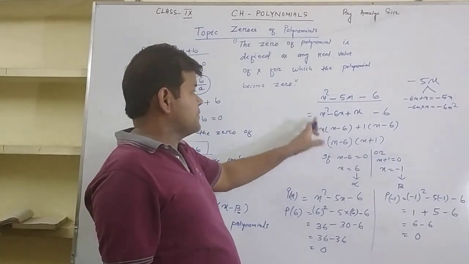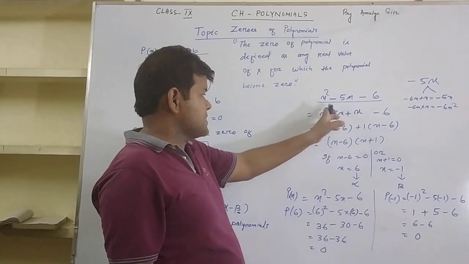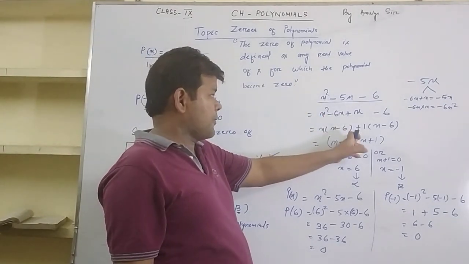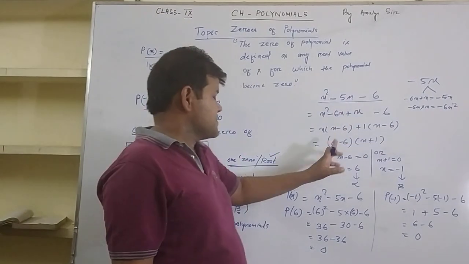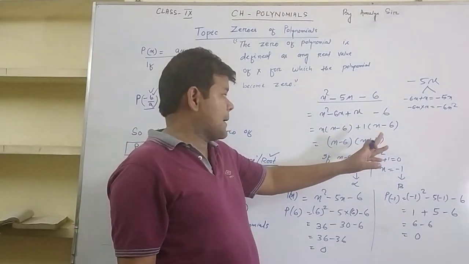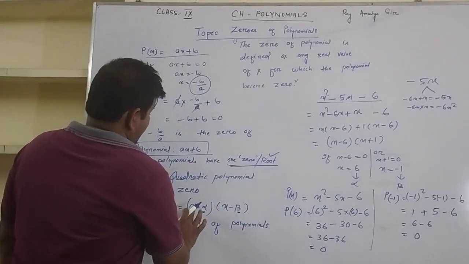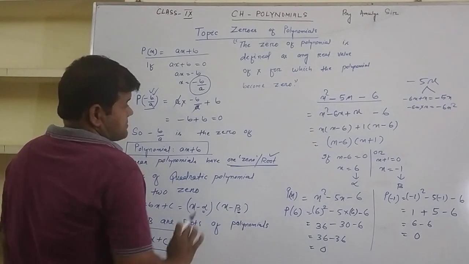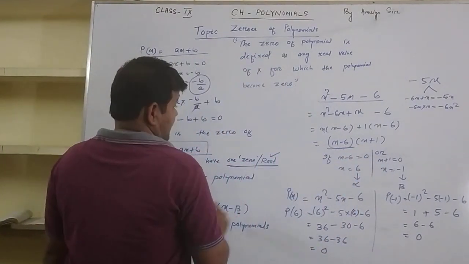Taking x common, x into x minus 6, plus 1 taken common, x minus 6. So it is x minus 6 whole into x plus 1. Now this is in the form x minus alpha, x minus beta.